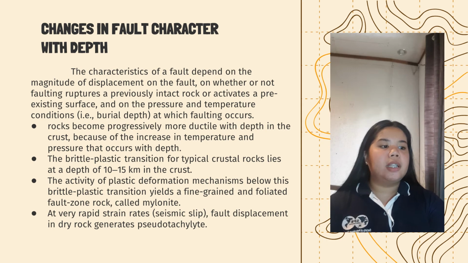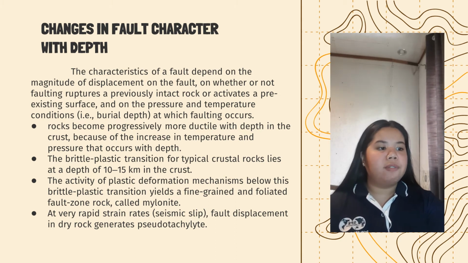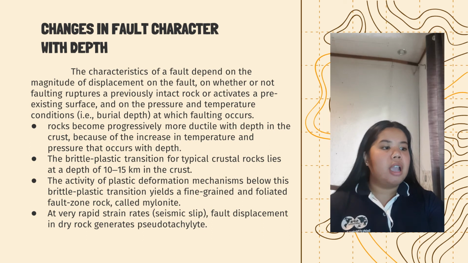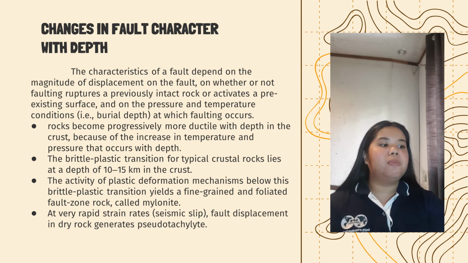The brittle-plastic transition for typical crustal rocks lies at a depth of 10 to 15 kilometers in the crust. We purposely specify the transition as a range because rock consists of different minerals, each of which behaves plastically under different conditions, and because depth of transition depends on the local geothermal gradient.